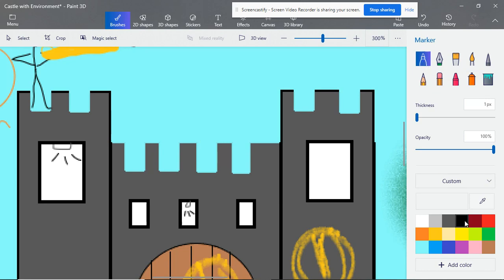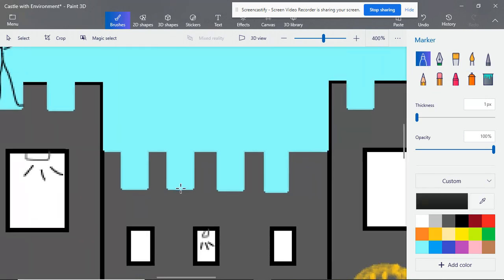We have this. Let's see what this looks like. No, no. Let's maybe he's like peering from the corner. So, okay.